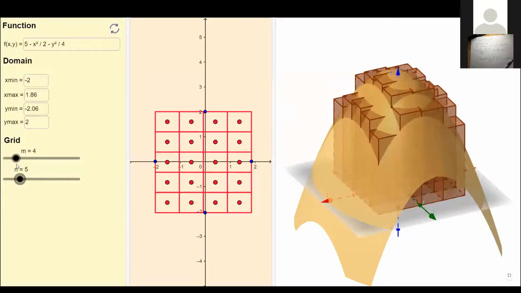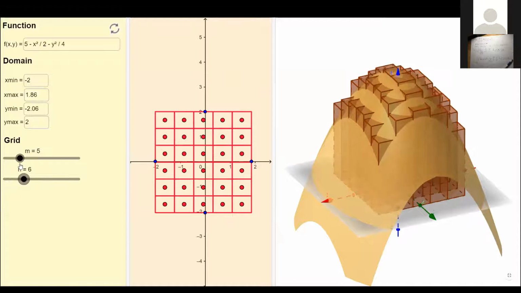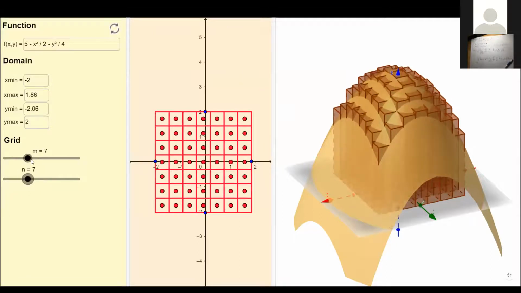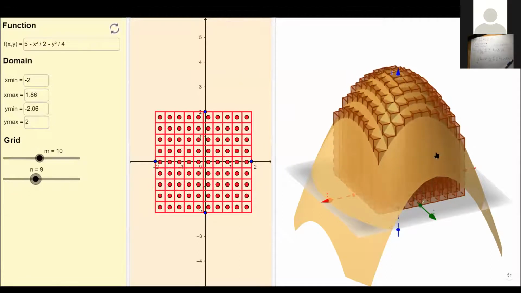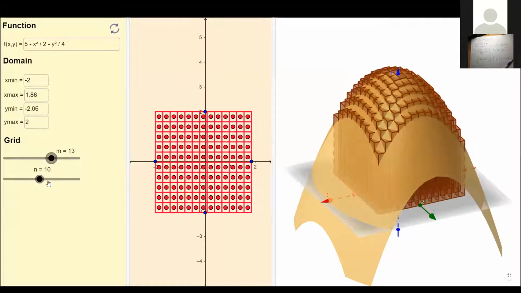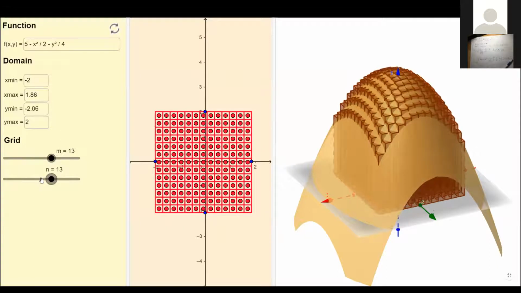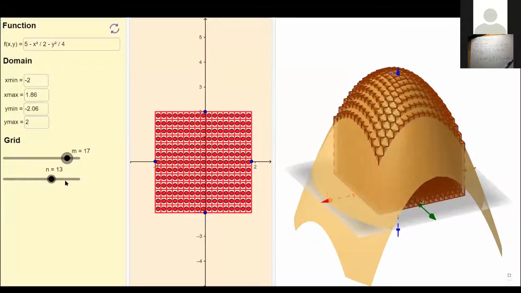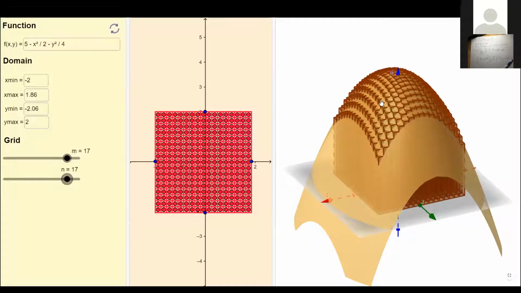As you can see, as I increase the value of these subintervals, the sum of the volumes of these boxes is coming closer and closer to the actual volume under the surface. So this happens for 17 by 17, and so on and so on.